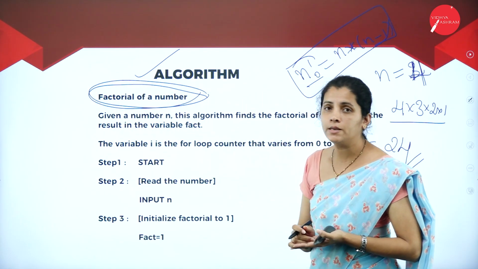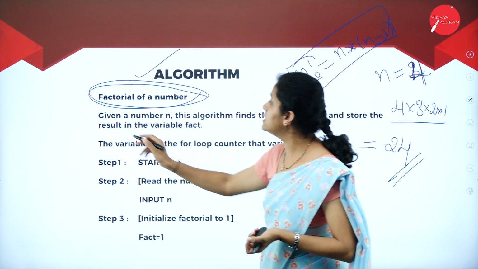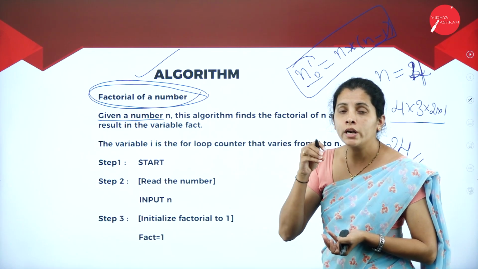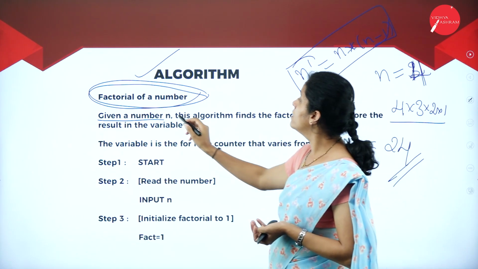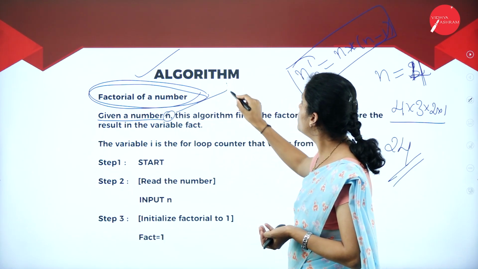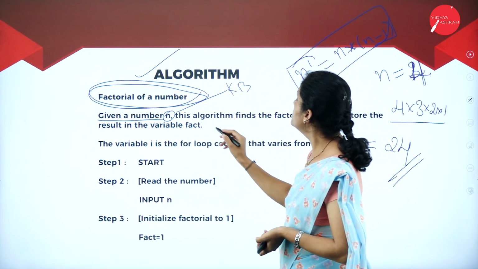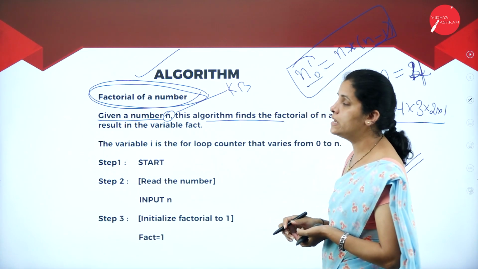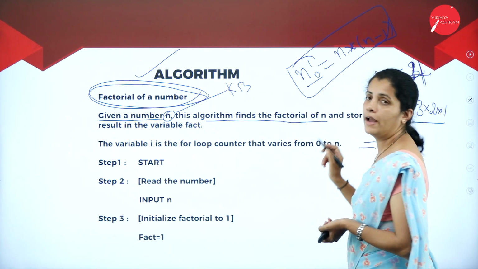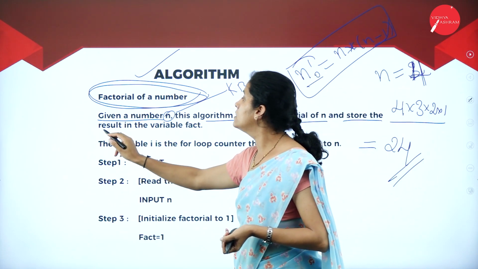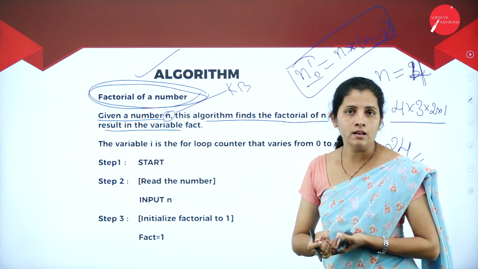So, what is the statement I'm going to have here? That is, given a number n, that means I want to read number n from the keyboard, and this algorithm is used to find the factorial of n and store the result in the variable fact.